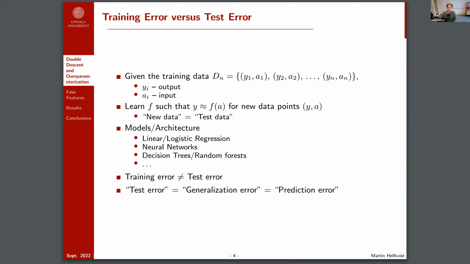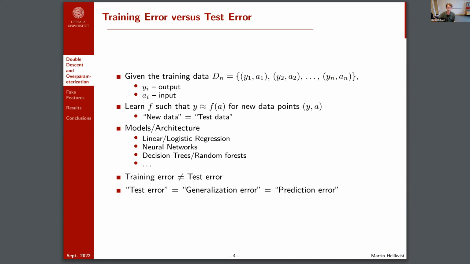The training or learning of the function f is done over a set of training data, here we denote it with dn, while we use another set of data to evaluate the performance or quality of this function f. We refer to this new unseen data as either new data or test data.